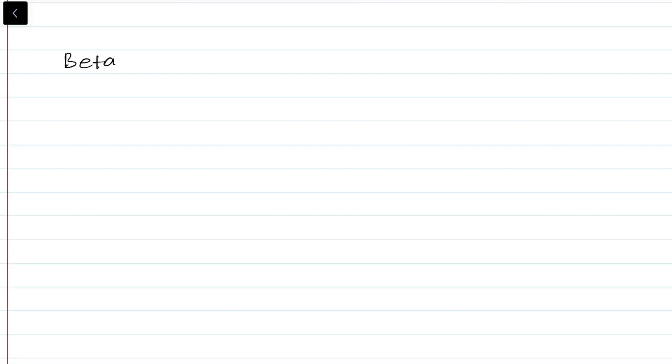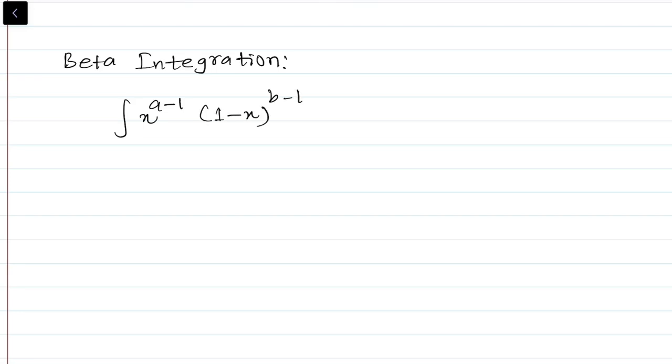There is something called the beta integration. It has the form: the integral from 0 to 1 of x to the power a minus 1 times (1 minus x) to the power b minus 1 dx.